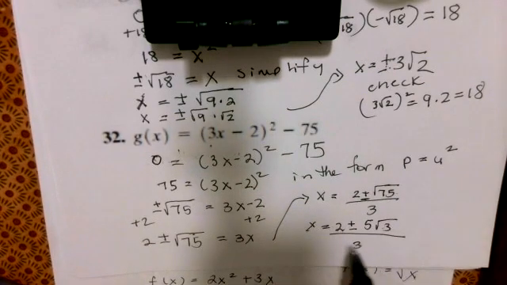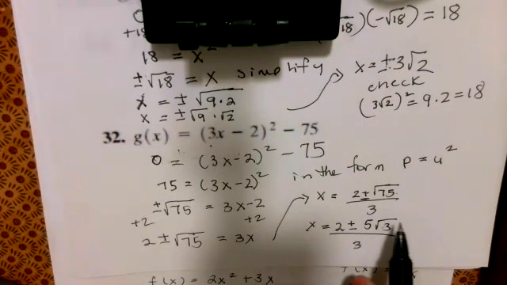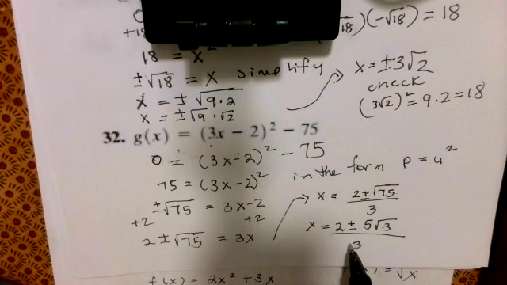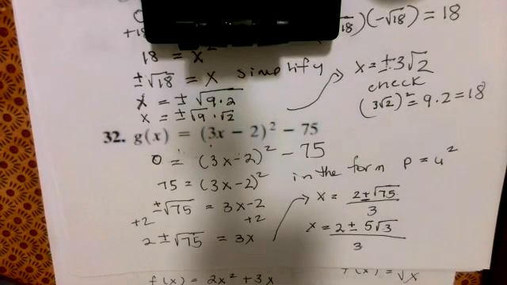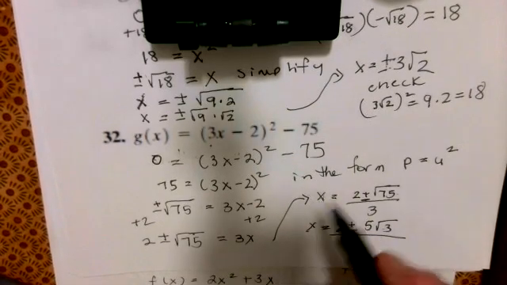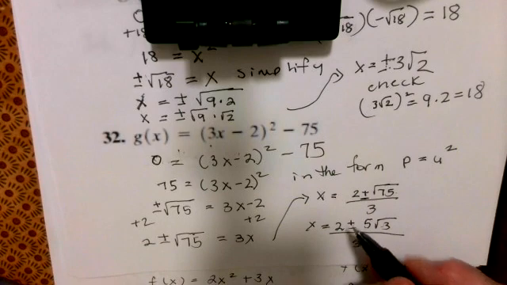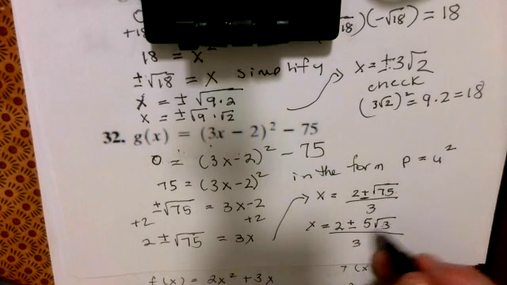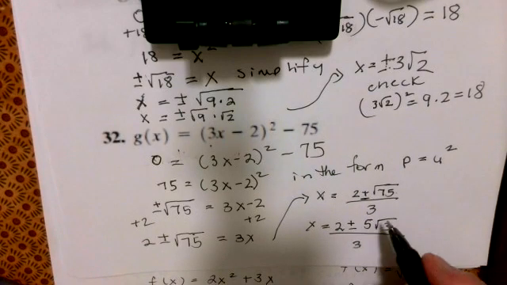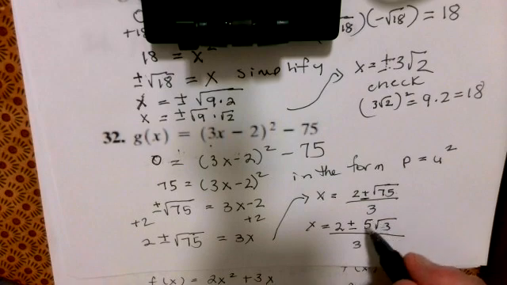Now, if this could be simplified some more, meaning if you could factor a 3 out of the numerator, there'd be a 3 in the denominator, or if you could factor anything that's a multiple of 3 out of the numerator, you could reduce this. One thing you can't do is divide this 3 by this 3.